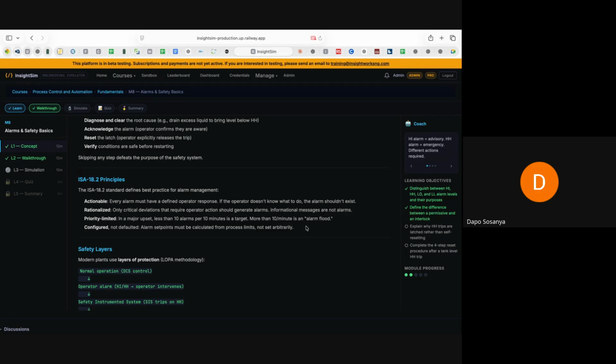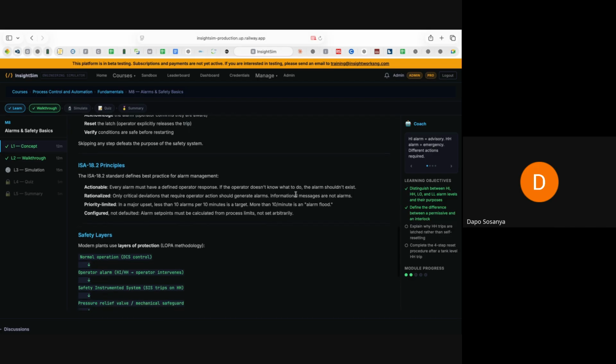You don't want to increase pressure inside that tank to such an extent that the tank will explode, because if the pressure becomes greater than it can take, it explodes. So the alarm must be calculated carefully based on the process limits.